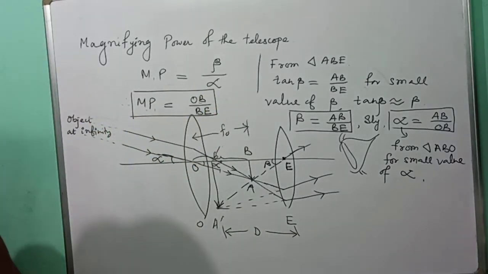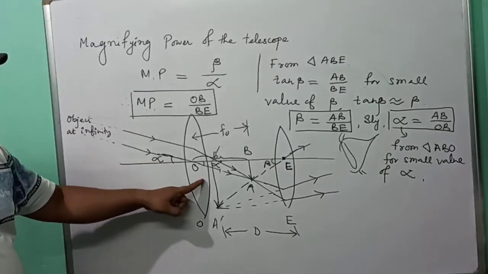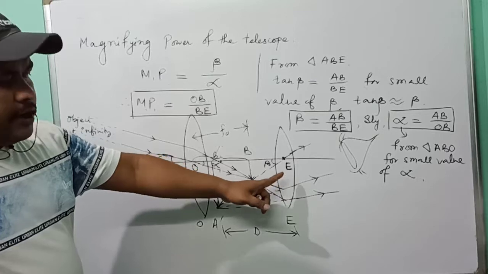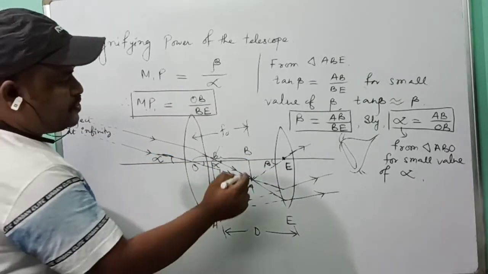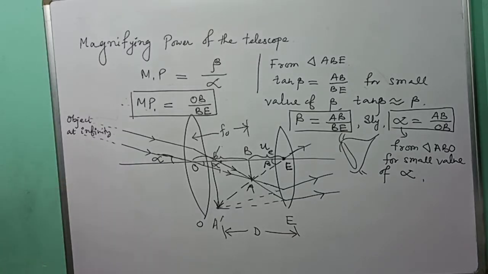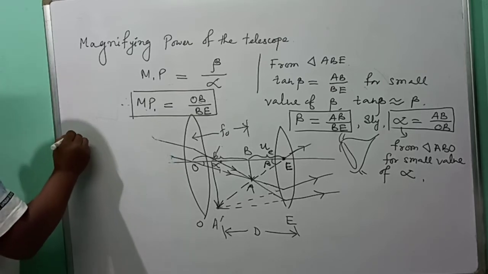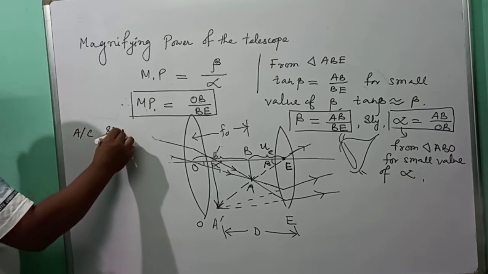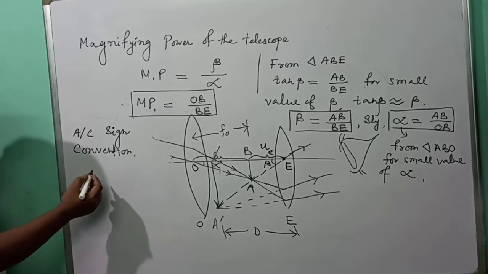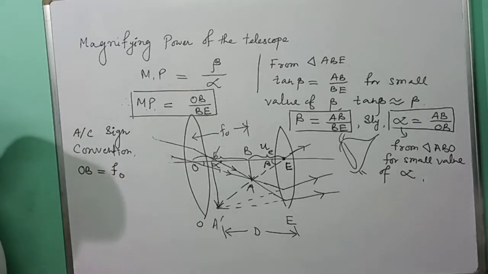Now according to sign convention, OB is the image distance of the objective lens, which equals the focal length, F naught, of the objective lens.